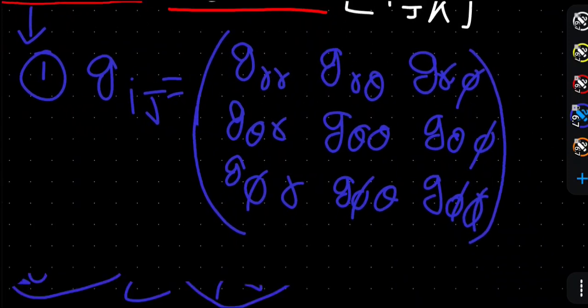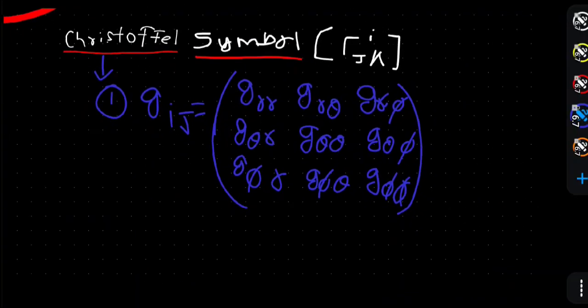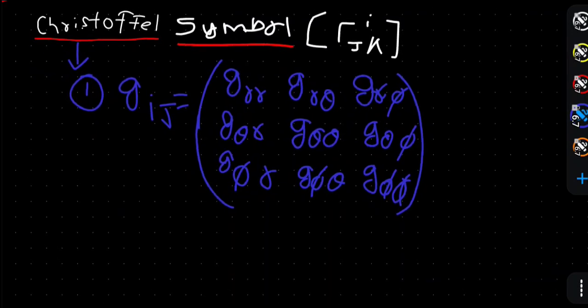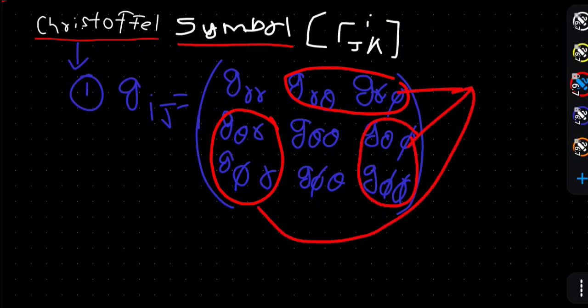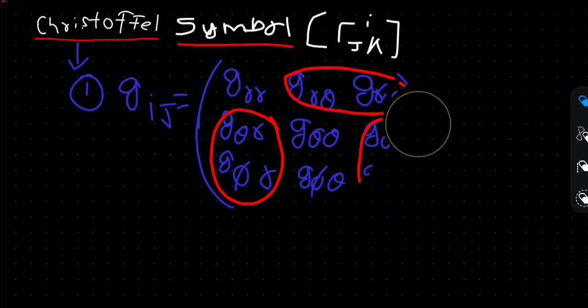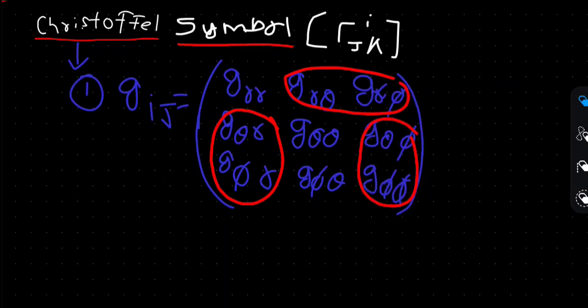This is our metric for our flat Euclidean space, in which you can identify that most of the components are 0. Let me clarify, I have chosen the wrong one.